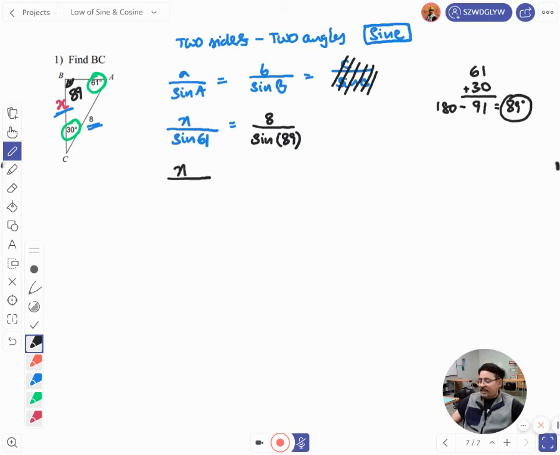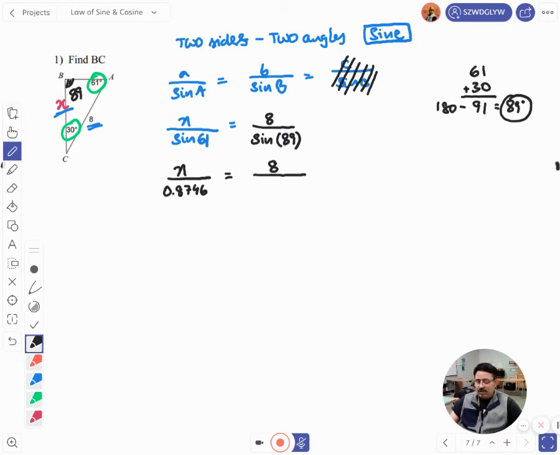X over sine 61. I'm making use of my TI-84 calculator, and you may use Desmos and try it. So let's take sine 61. That's giving me 0.8746, equals 8 over sine 89.